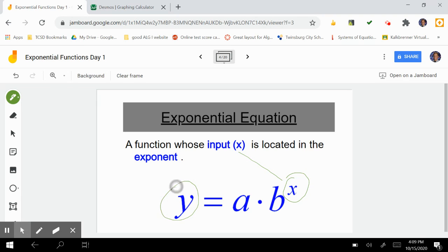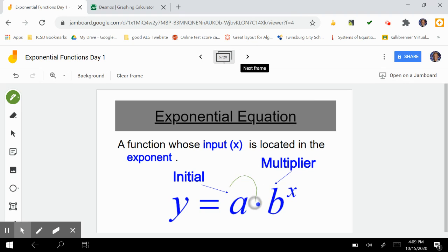Again, what is solved for, what is all by itself? That output, the y. Then we have the initial value, a, which is also going to be called my y-intercept, which was b in linear equations. However, with the exponential, the initial value is the y-intercept.